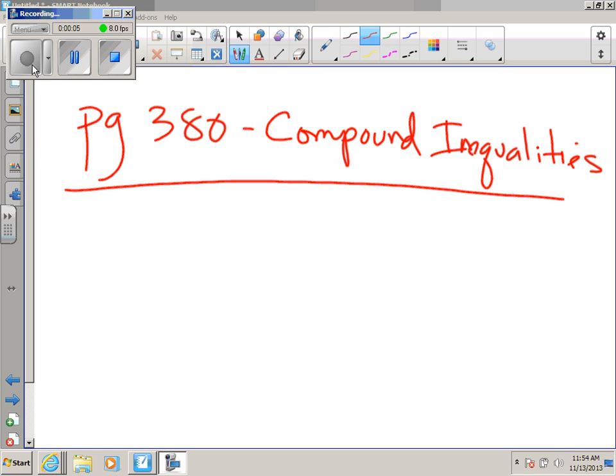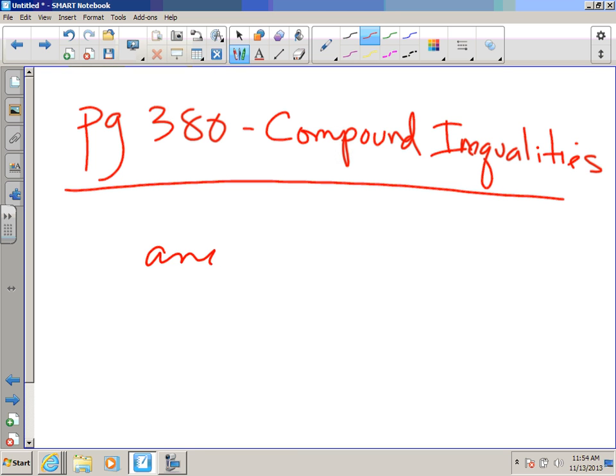Some compound inequalities. Now, a compound inequality consists of two separate inequalities joined by "and" or "or."